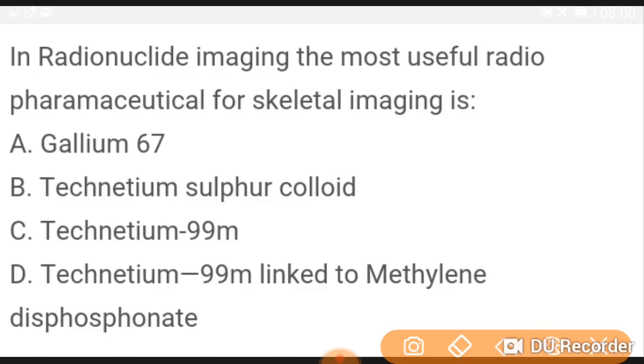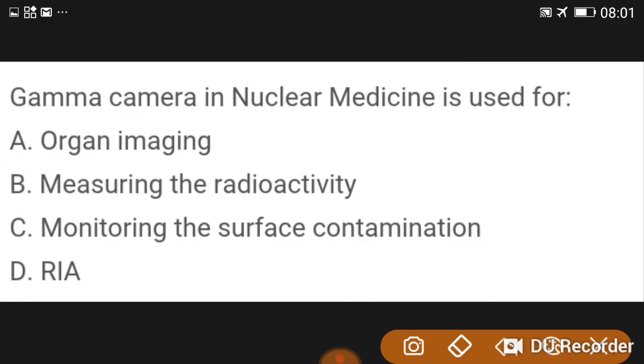In radionuclide imaging, the most useful radiopharmaceutical for skeletal imaging is technetium-99m linked to methylene diphosphonate. Now, gamma camera in nuclear medicine is used for measuring of radioactivity.